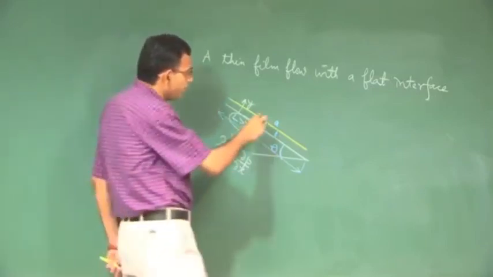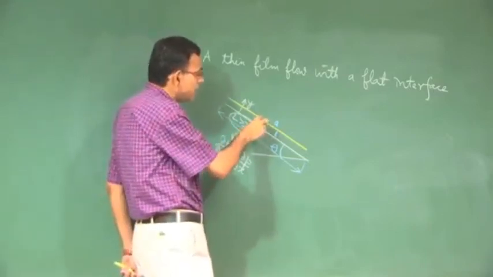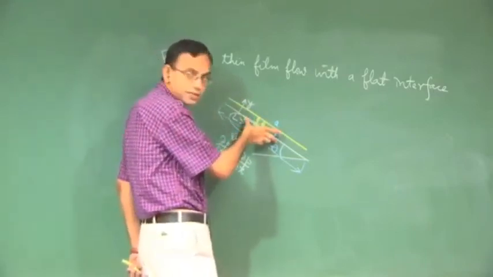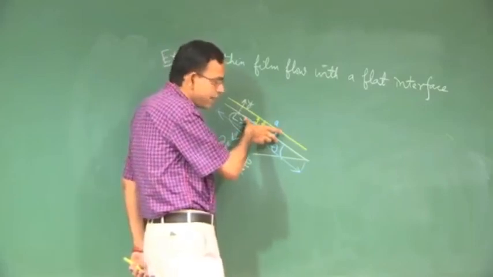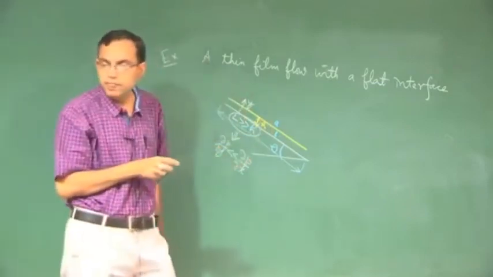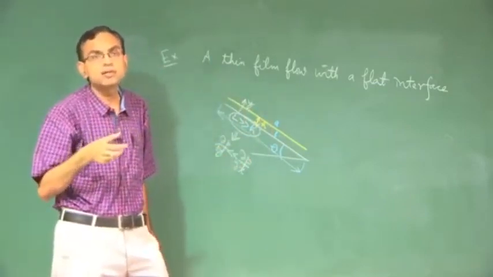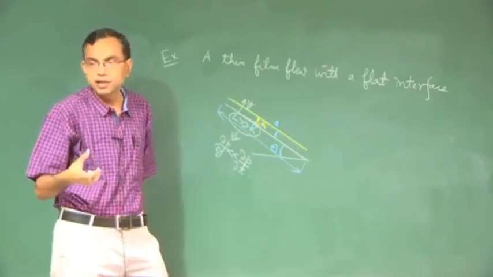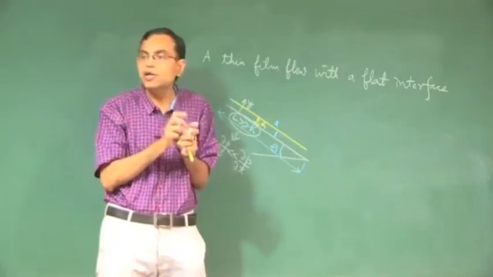So, thin film flow is a situation where the transverse length scale is much less than the axial length scale. Typically it is a low Reynolds number problem, but the low Reynolds number is not always demanded, but the classical thin film flows are normally low Reynolds number flows.